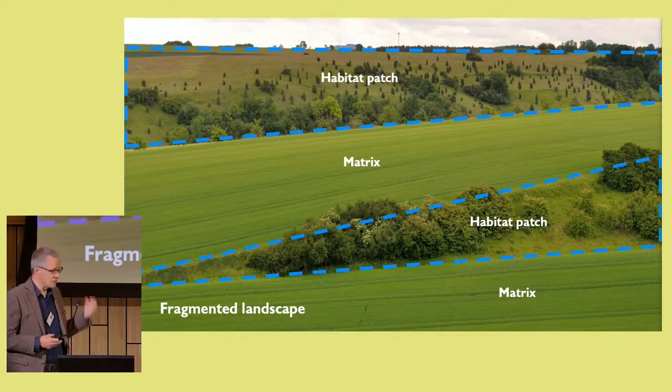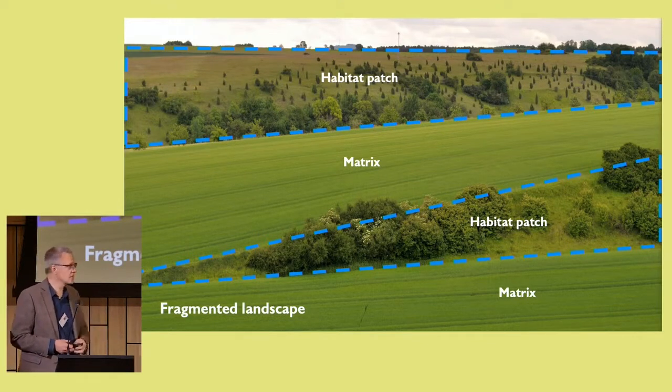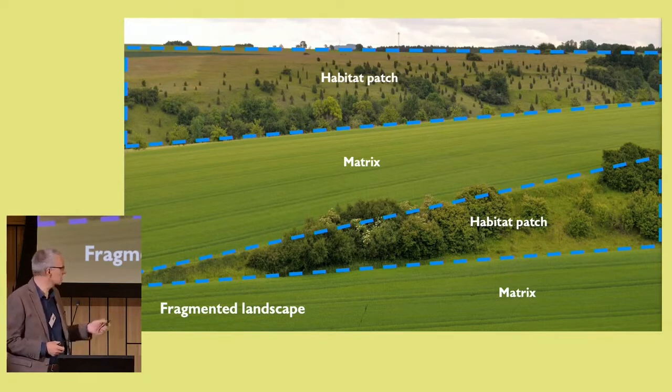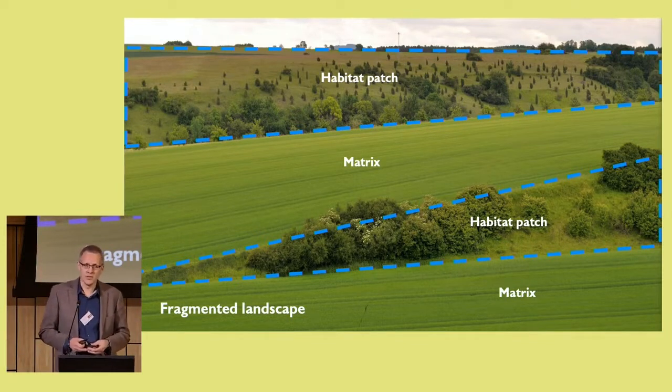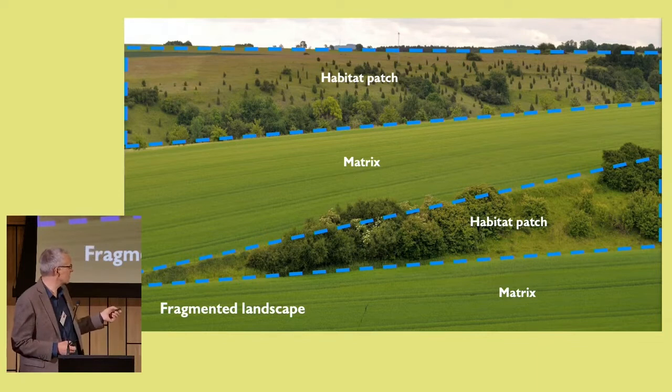Here we see the main parameters that determine patch occupancy in fragmented landscapes: the area of the habitat patches, the habitat quality, which is quite important, and the connectivity between the patches, the distances to other patches. Species have to move from one patch to another, and in between there is the matrix, and such a matrix is everything but hostile for many species.